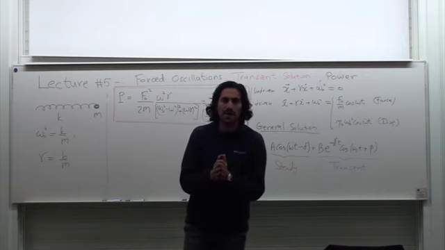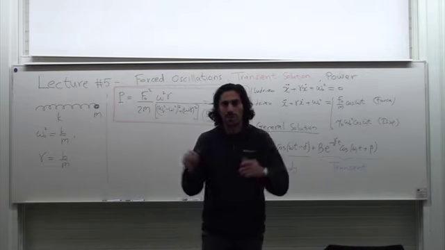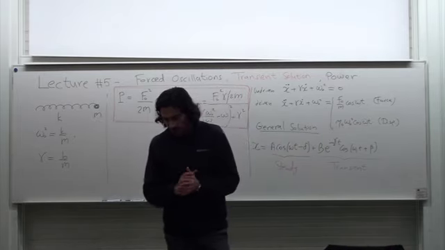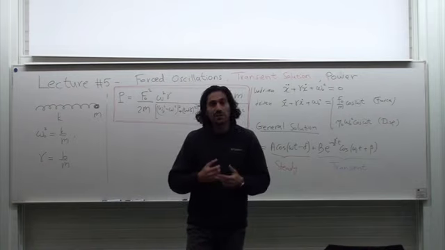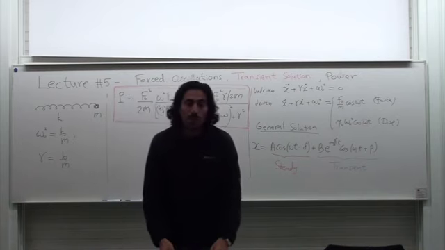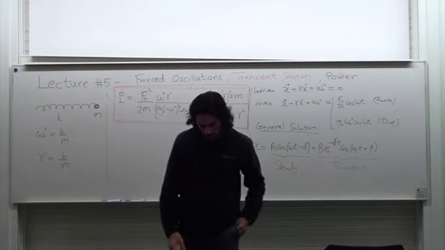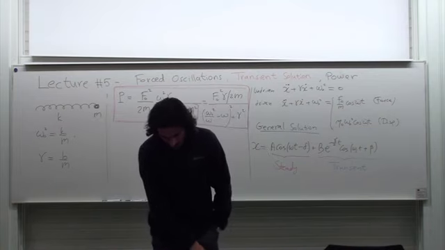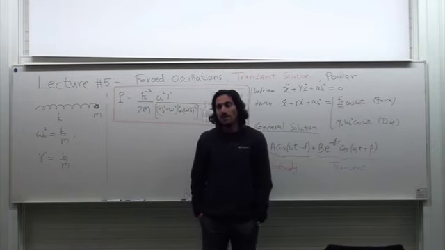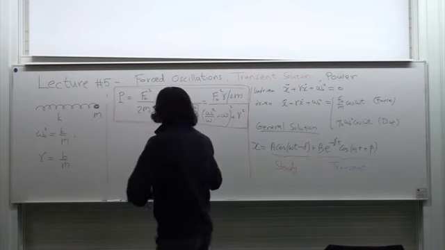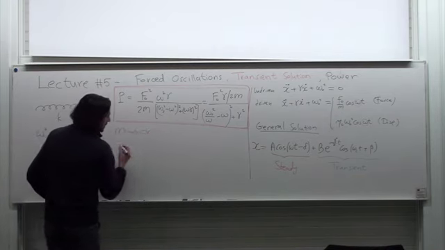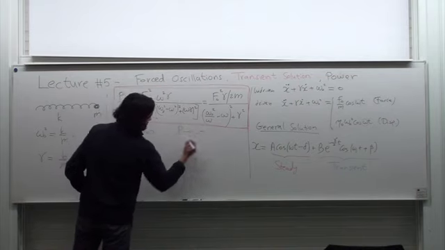What would you expect that the power should be, without looking into the equation? So think about it. If the mass is so large, you can't even move it because it's so large. So you would expect that there would be no power in the system. Nothing is actually going, right? Now let's write that down and then we get a check. So this is our prediction. If m goes to infinity, then P goes to 0.